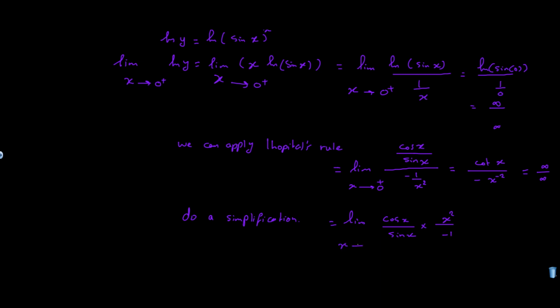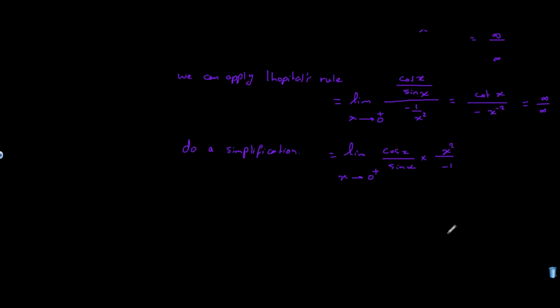As x approaches 0 from the right, I can write this as x over sine x times negative x cosine x.